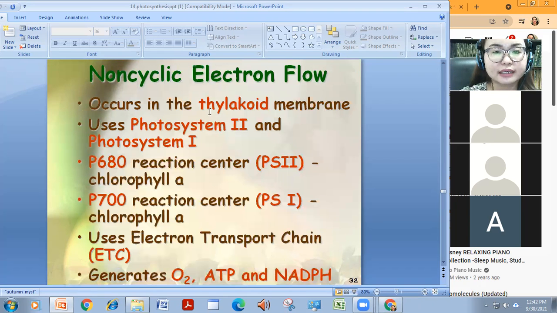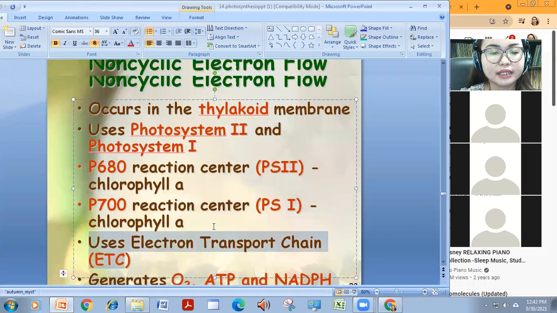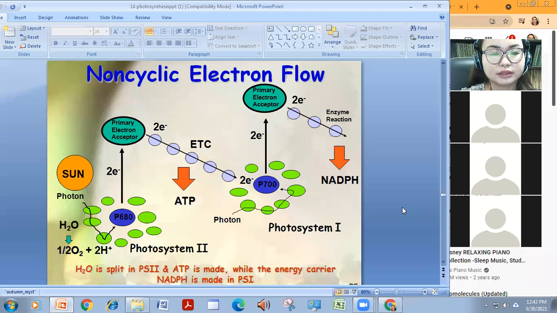And the non-cyclic electron flow also occurs in the thylakoid, but it uses both photosystem 2 and photosystem 1. So the P680 reaction center in chlorophyll A, as well as P700, and also the ETC, generate oxygen, ATP, and NADPH.